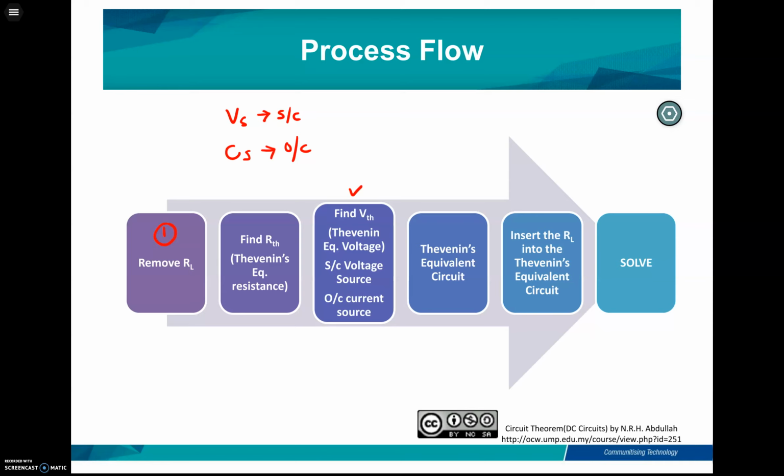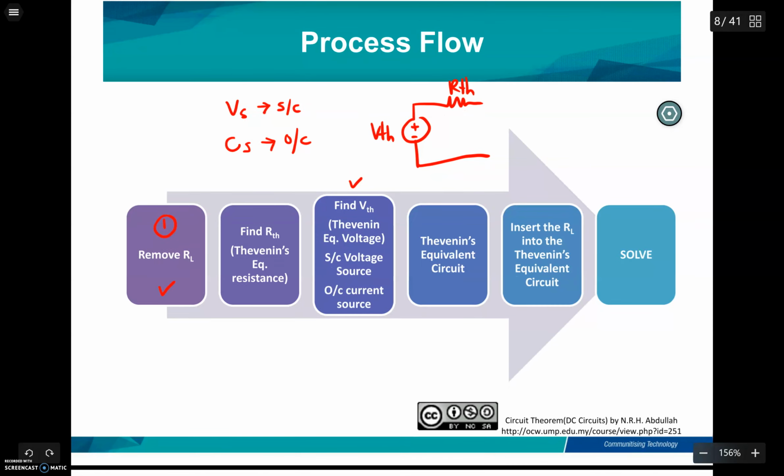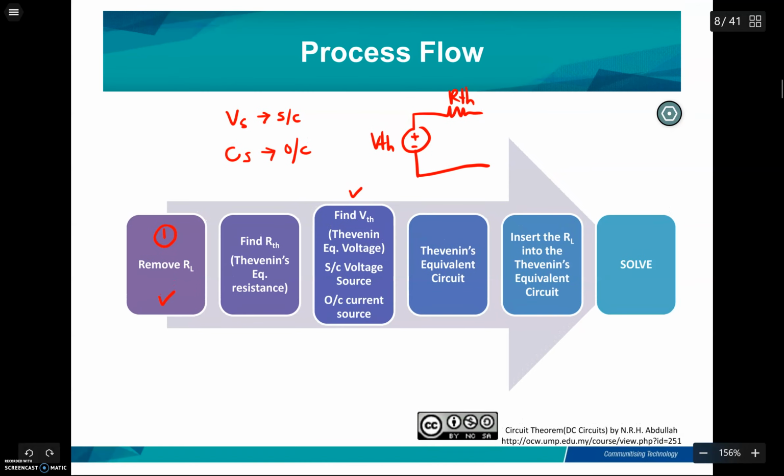And then after you find the R Thevenin and V Thevenin, substitute them into the Thevenin equivalent circuit, which is here, V Thevenin and R Thevenin. And then insert the RL that you removed in the first step into that circuit, and then solve the circuit.